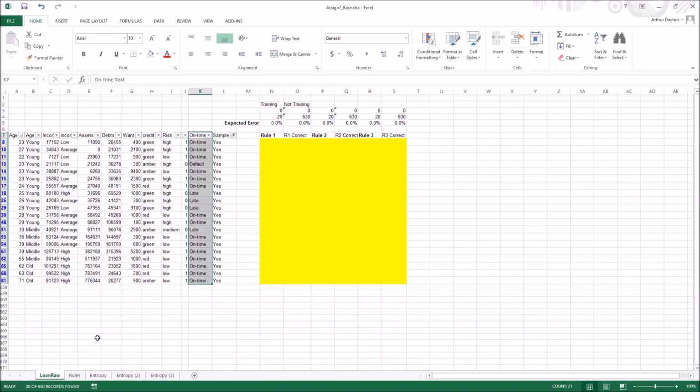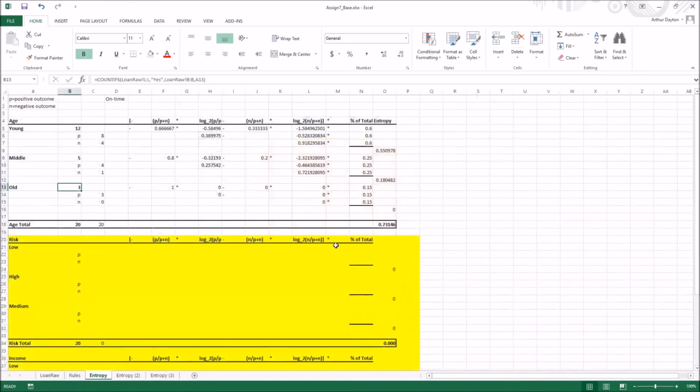And the way we're going to do that is we're going to use an entropy measure to gauge which one of these variables has the most discriminating power. In our calculation, we are going to look for the variable that produces the lowest entropy calculation.